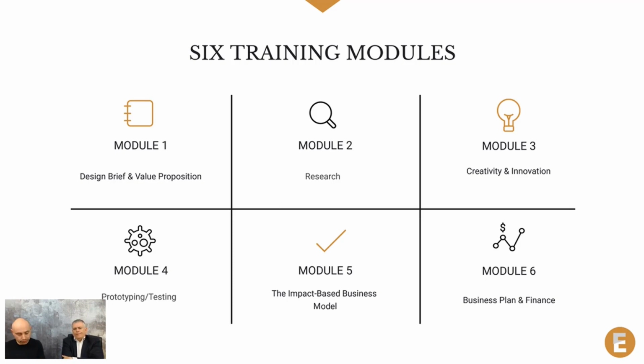It's not the finished product, but a product that looks like the real one, but is fake. So for example, if you are developing an app, you don't spend 20,000 euros to code your app, but rather you make a paper prototype.